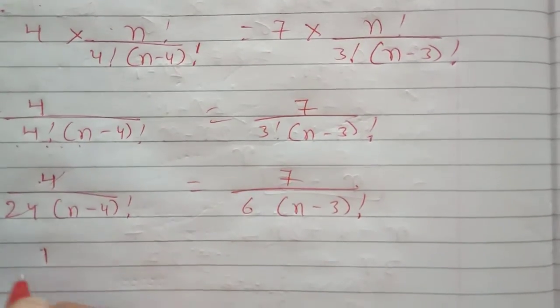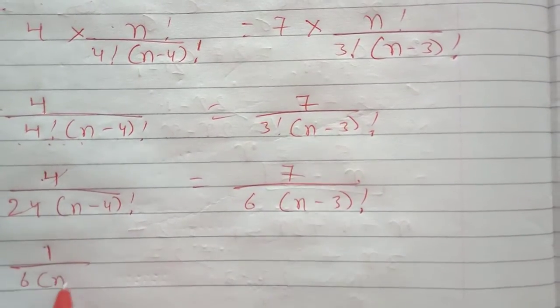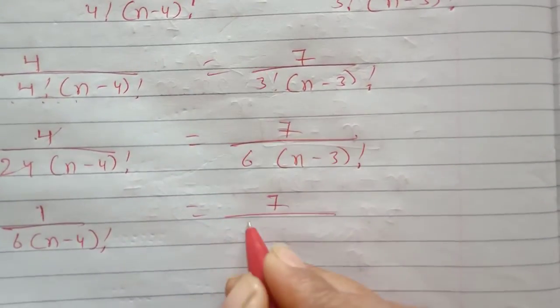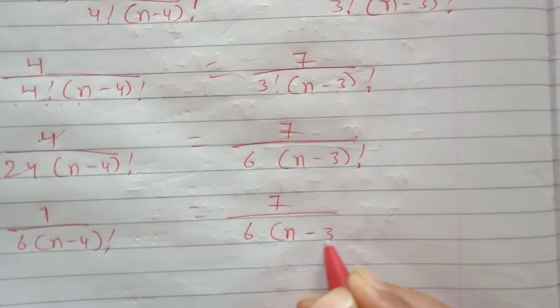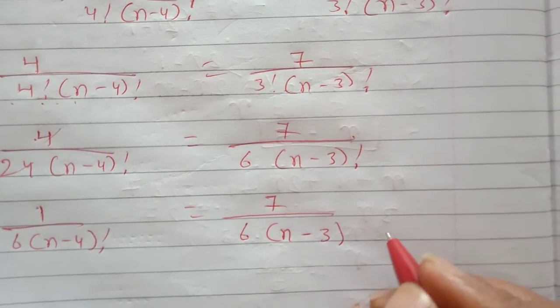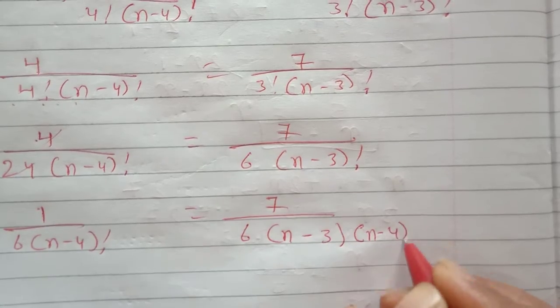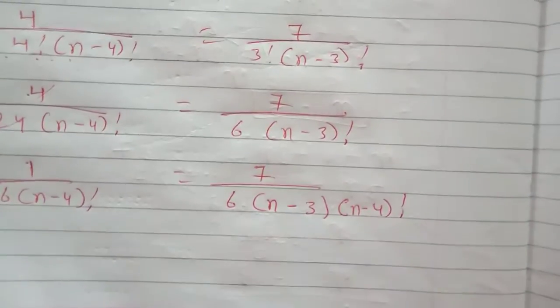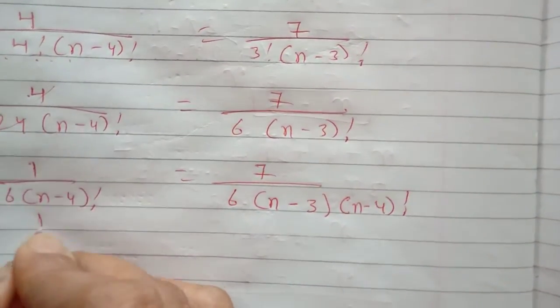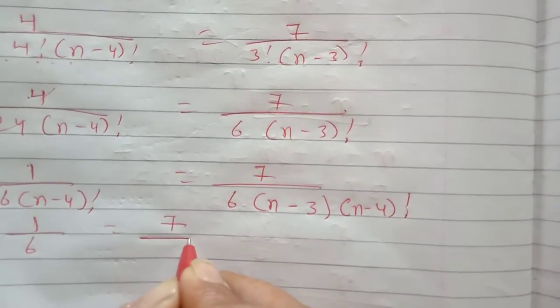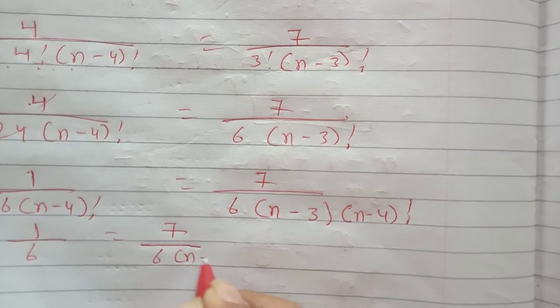So here it will come 1 upon 6 (n minus 4) factorial, and here it will come 7 upon 6 into (n minus 3) into (n minus 4) factorial. Therefore 1 upon 6 is equal to 7 upon 6 into (n minus 3).